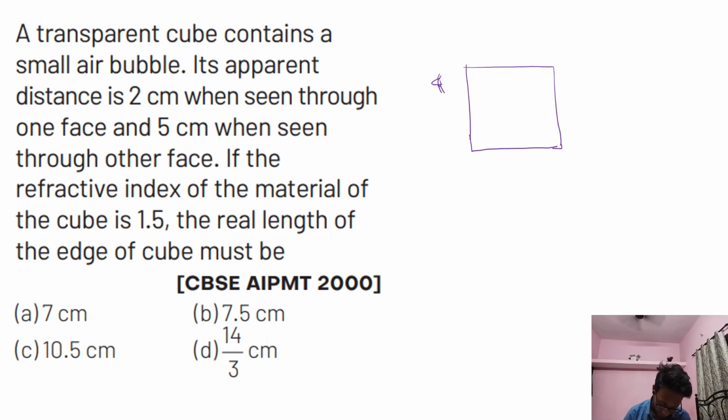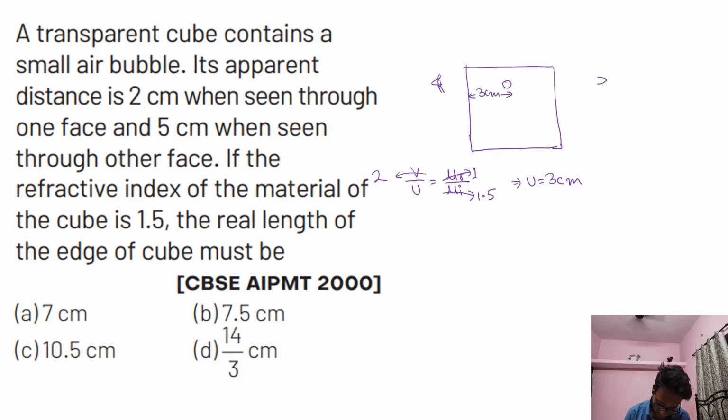So from the first surface we apply V by U is equal to mu R by mu I, where mu R is 1 and mu I is 1.5, given in the question. V is given as 2 centimeter, the apparent distance. So U out here is equal to 3 centimeter. So the bubble is 3 centimeter from this surface.